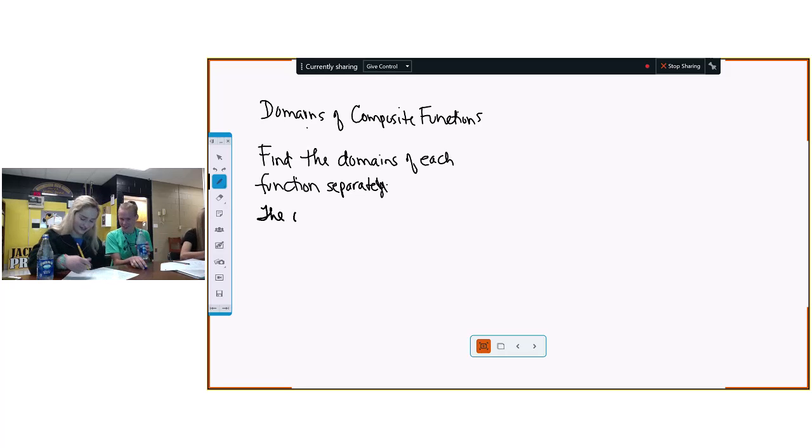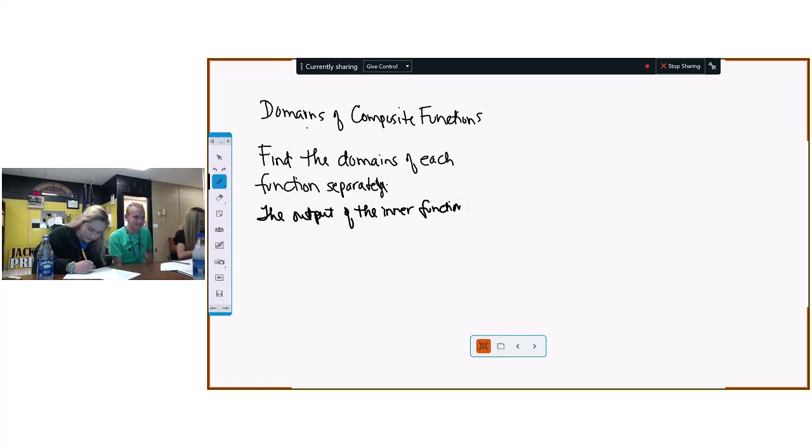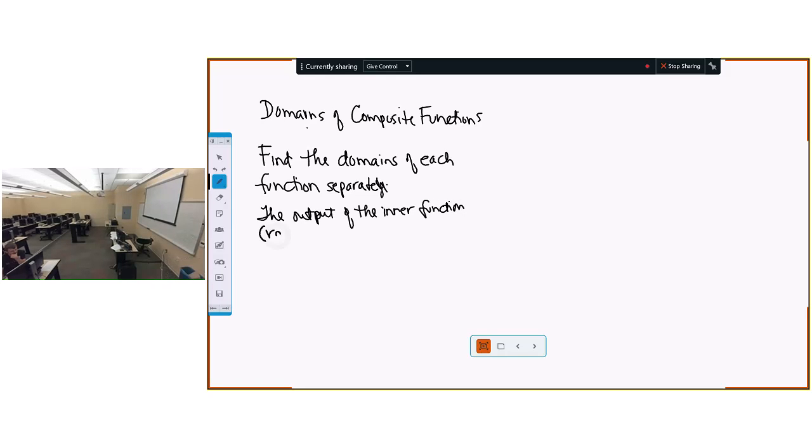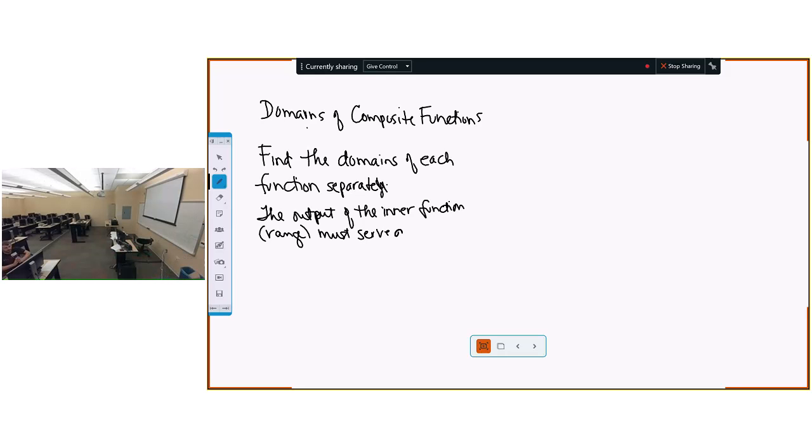Okay, the output of the inner function, which is your range of the inner function, it has to serve as the input of the outer function.